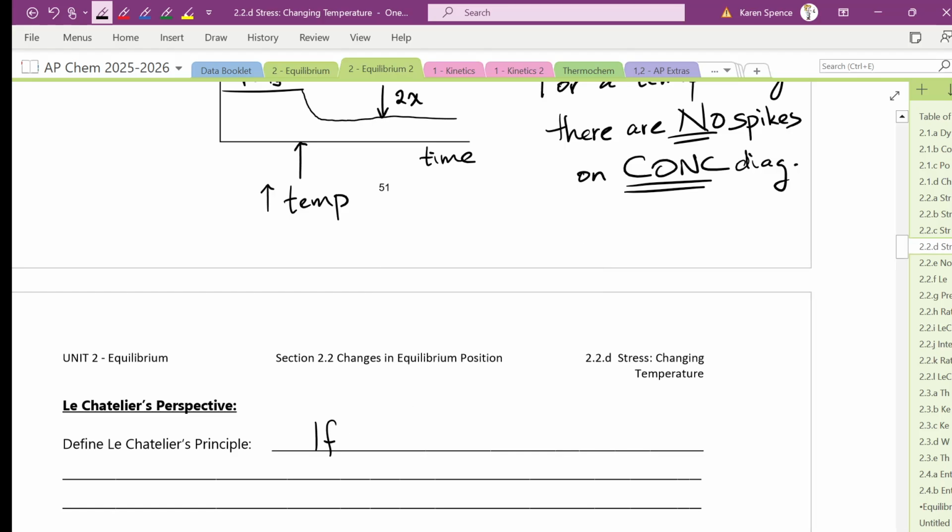You can start it with if or when. Either one works.